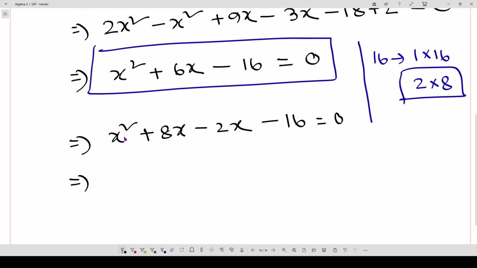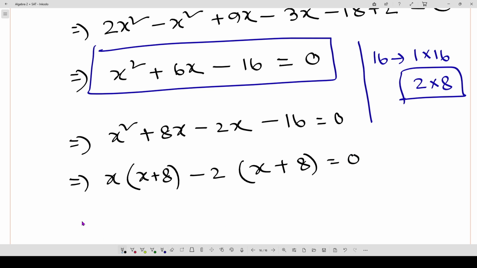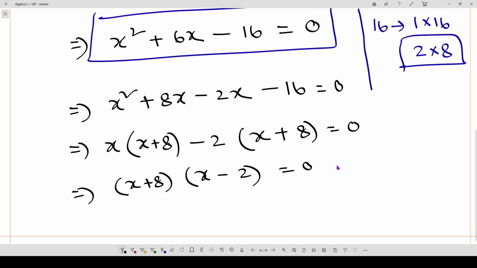From here we take common x, so x(x + 8), and from here we take common −2, so here will also be x + 8, equals 0. From this expression, we take common x + 8, and here we get x − 2, equals 0.